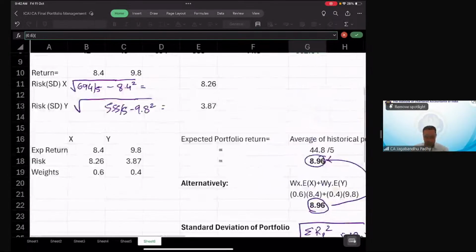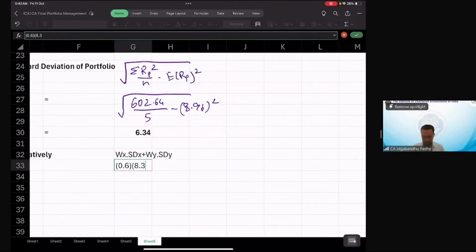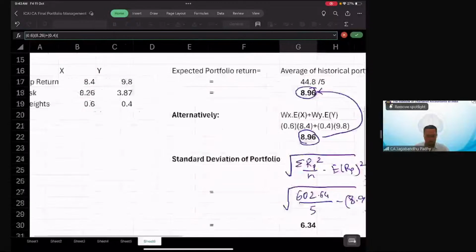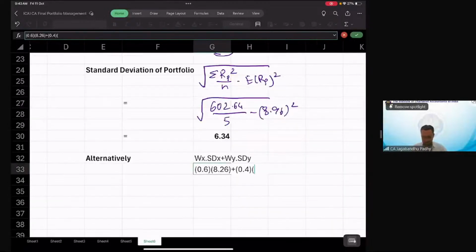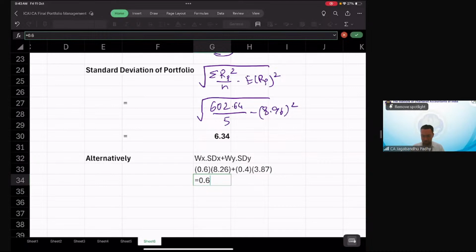What was the standard deviation of x? 8.26. Plus 0.4 into what is the standard deviation of y? 3.87. So this is 0.6 into 8.26 plus 0.4 into 3.87.